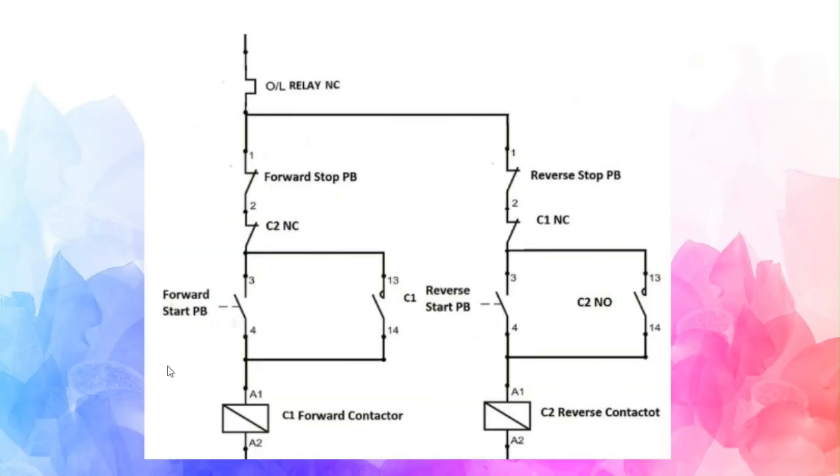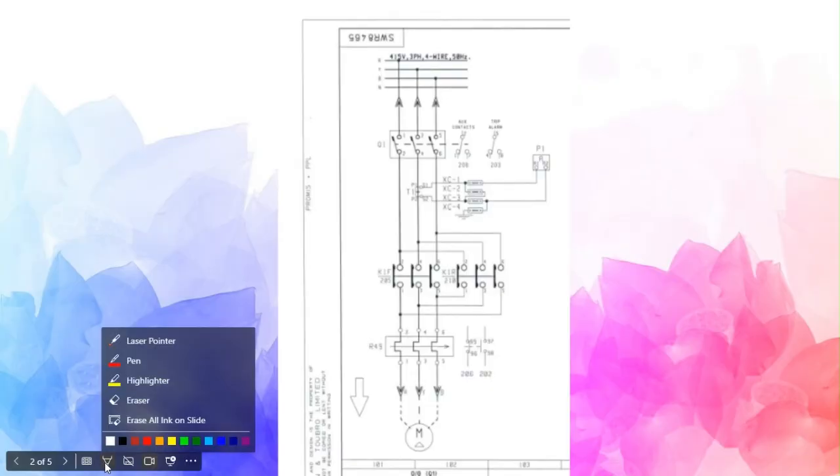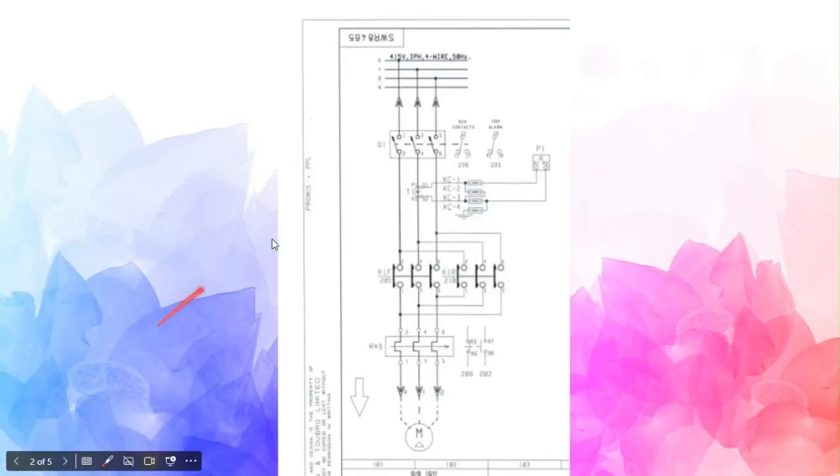This is your R, right? See, it is connected with the R phase, so it is R. Where is R connected to? It is connected to B. So you can look into it. It is the B phase.